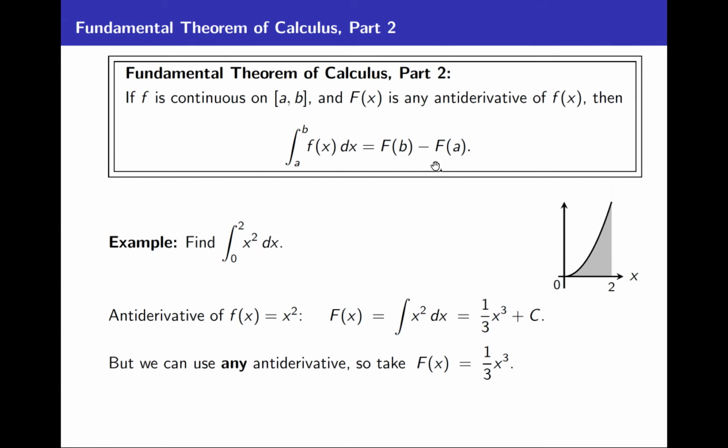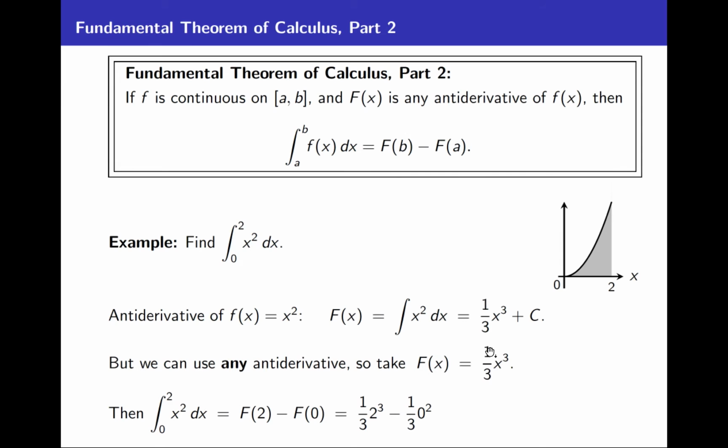So the fundamental theorem of calculus says the value of this integral is going to be this difference, big F of b minus big F of a. In our case, that would be big F of 2 minus big F of 0. And let's see, big F of 2 would be 1/3 2 cubed minus big F of 0.